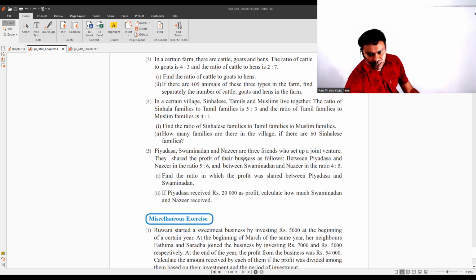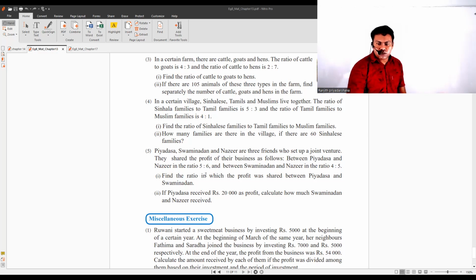Piyadasa, Swaminathan, Nazir are three friends who set up a joint venture. They share a profit of their business as follows. Between Piyadasa and Nazir, the ratio is 5 to 6. Maybe Nazir has invested more.